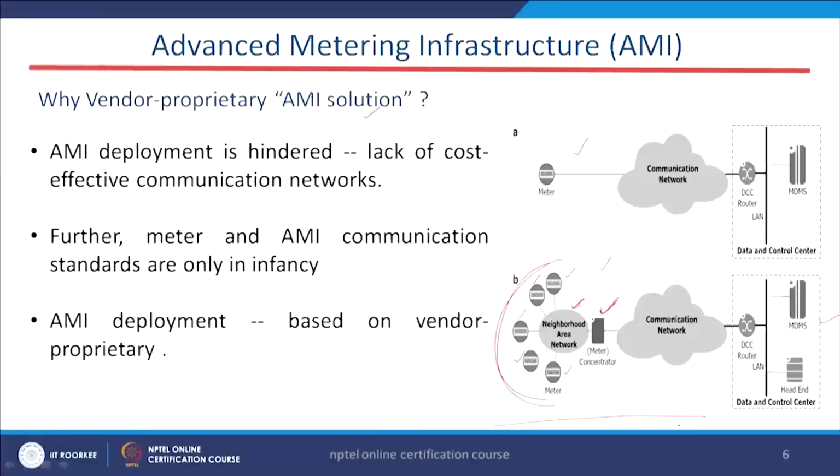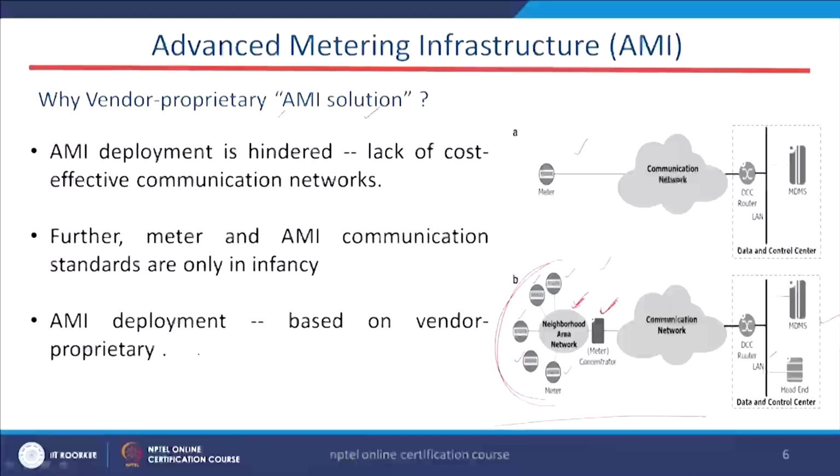So, overall, if you see the basic difference between these two, two things are very distinctly different: first is the NAN and second is the LAN. These two communication infrastructures are very essential when we go for this second type of advanced metering infrastructure. And we will talk about that.